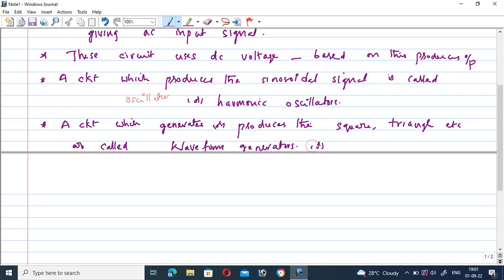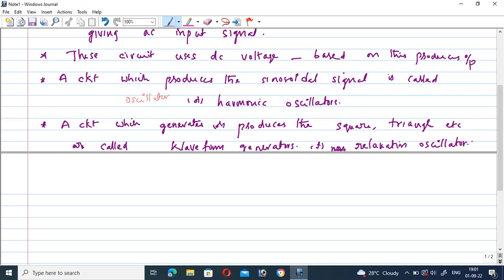Waveform generators are circuits that produce other than sinusoidal oscillations, called non-harmonic, or we can also call them relaxation oscillators.